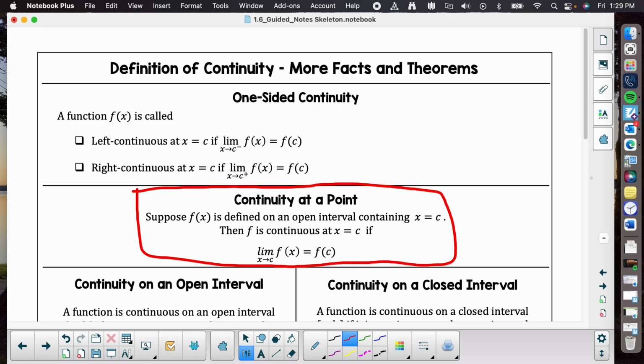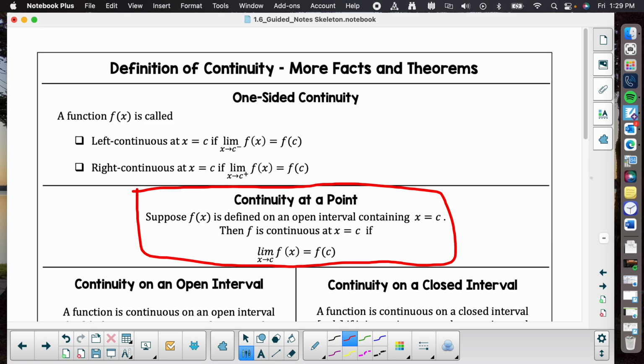For something to be continuous at one point, the limit from both sides and the function value in the middle have to be the same answer. Mentally, I think you already know what it looks like. If something is continuous, it just keeps going. So the limit from both sides and the function value are the same answer, that's continuous.